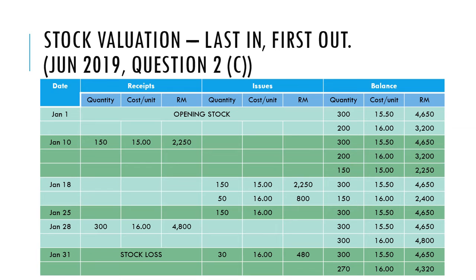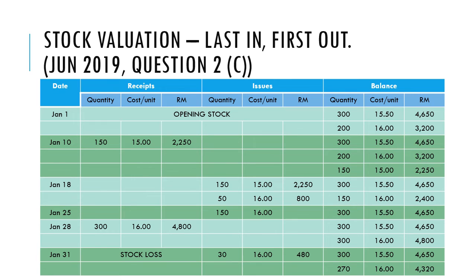Since the storekeeper issued 200, you can take the whole 150, put it here, and take 50 units from the 200 into here, and then you take the cost per unit accordingly. So the balance here is the 300 that you haven't touched yet, and the 150 units, which is 200 minus 50, you should get 150 units.